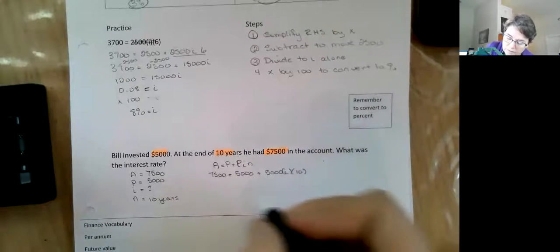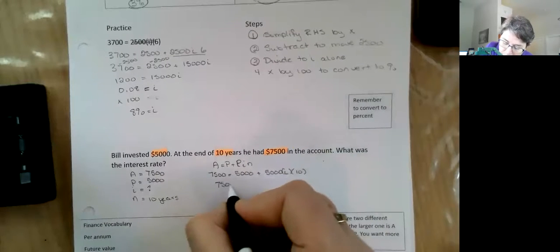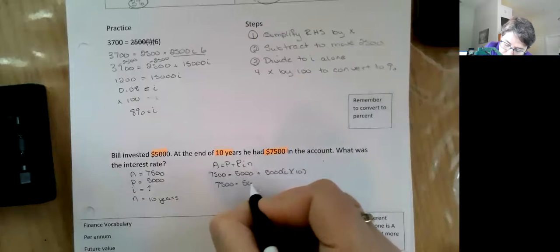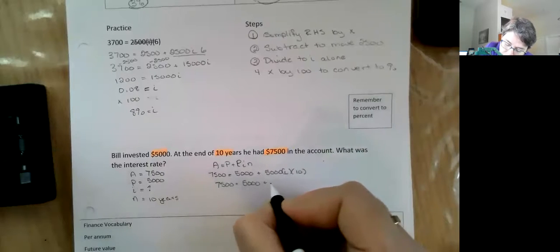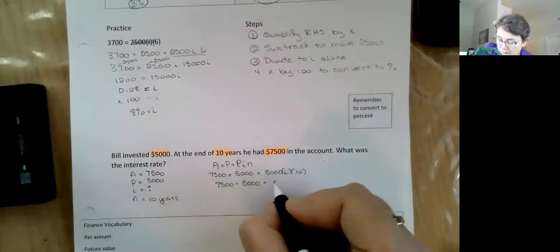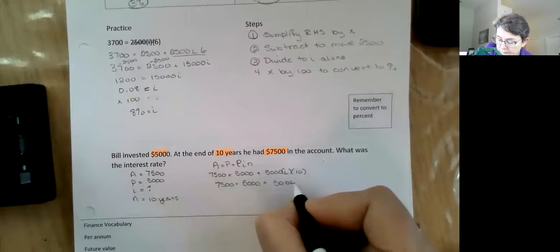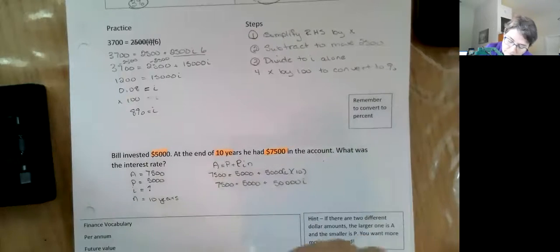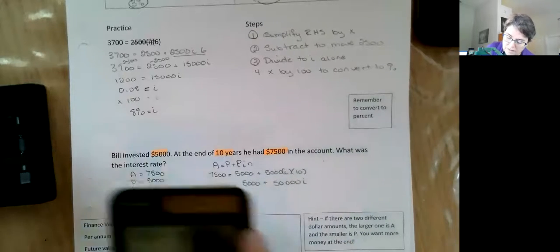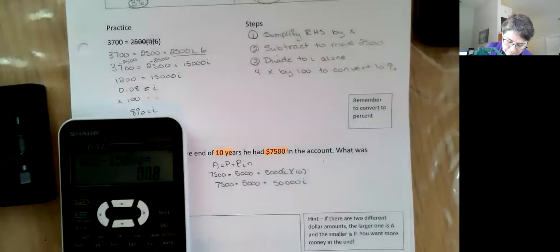Just like we did before. 5,000 times 10, that's going to be 50,000. 7,500 minus 5,000, that should be 2,500.